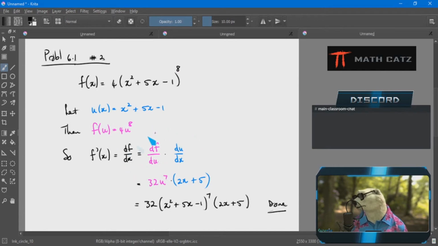There's an easy way to remember the chain rule that you might like or you might not like. Totally up to you. I used a little d notation. Now, the little d notation here, I will emphasize, it is simply a name for the derivative.